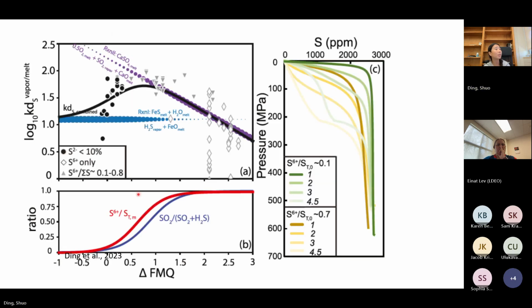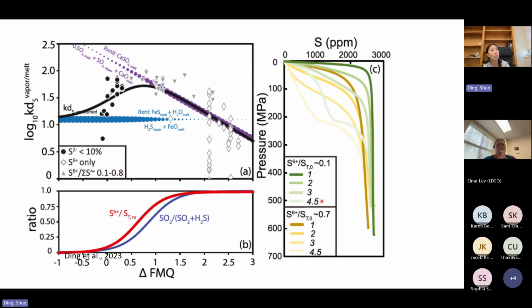This is one of the result figures from the SulfurX paper. The right panel describes different sulfur speciations and different water concentrations, which are these numbers.